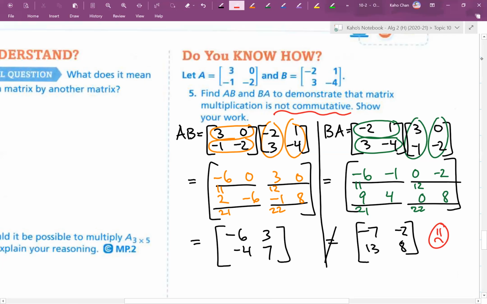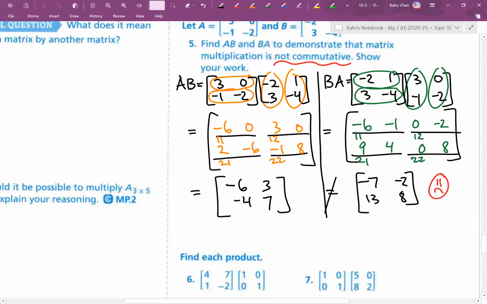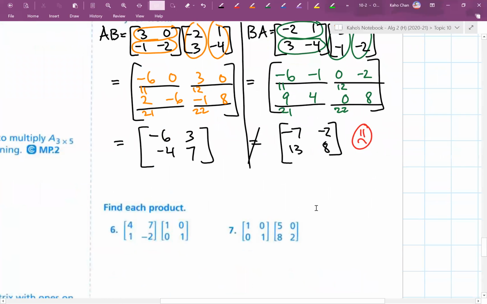All right. Any questions on number 5? Pause the video and check your numbers there. Oh, very cool. Look at that. Look at number 6 and 7. You're not paying attention. We are multiplying by the identity. Yay. You're going to get back the same thing. Sweet. Bonus. And same goes for over here.